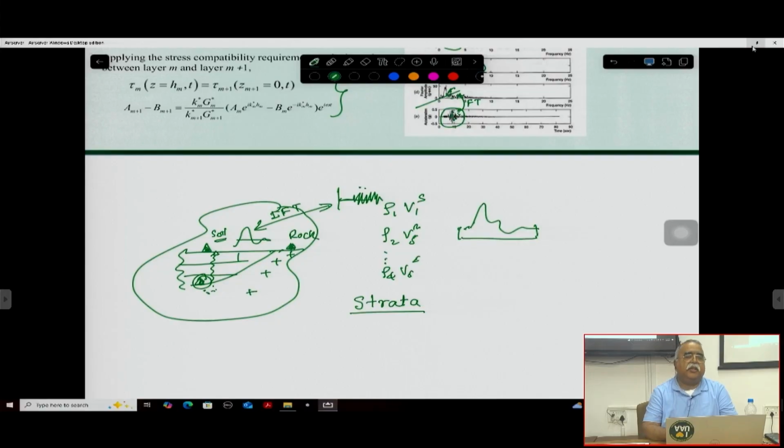But the SHAKE analysis is very easy. We have checked the output obtained by Strata and the output obtained by the SHAKE program.